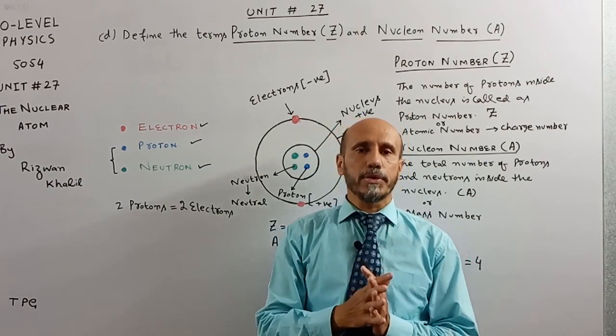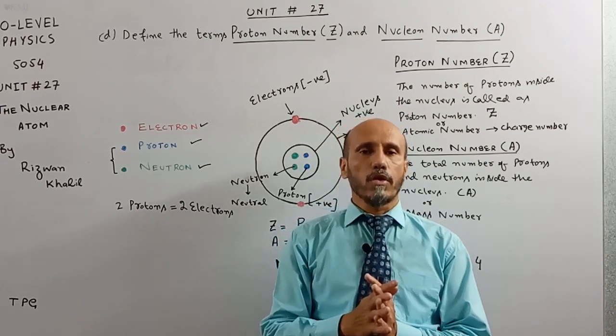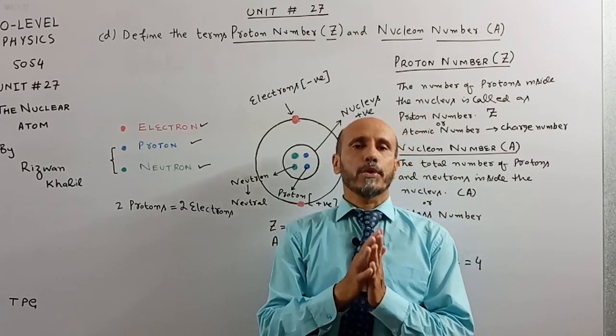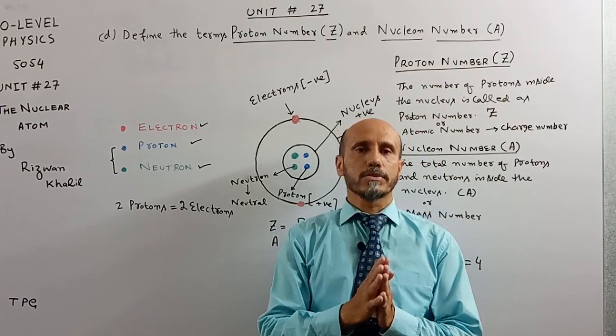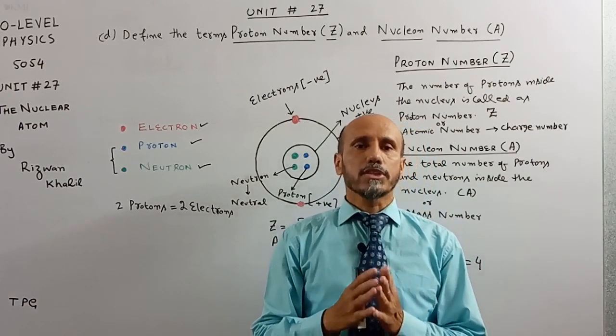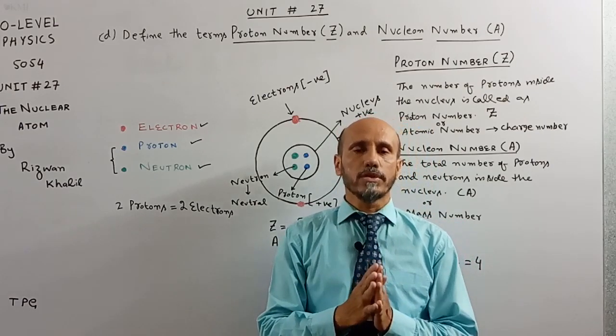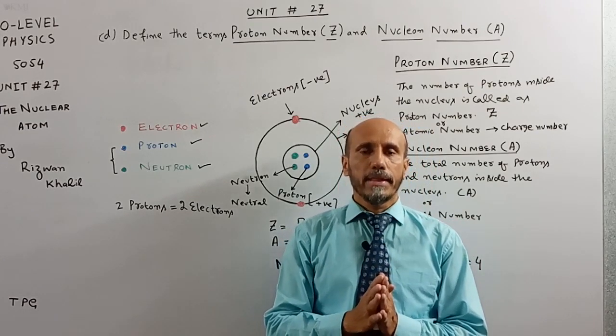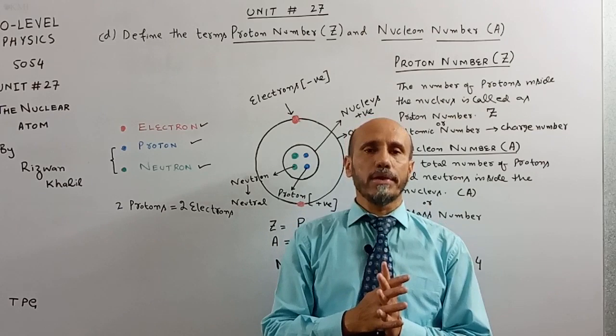It was the total number of nucleons, or total number of protons and neutrons, or we can say the sum of protons and neutrons inside the nucleus is called nucleon number. And what was the alternate name of nucleon number?